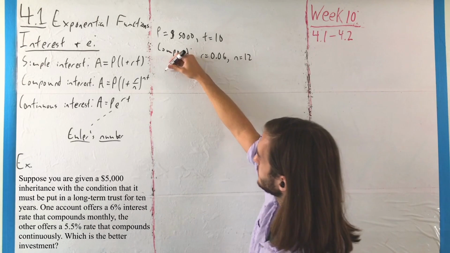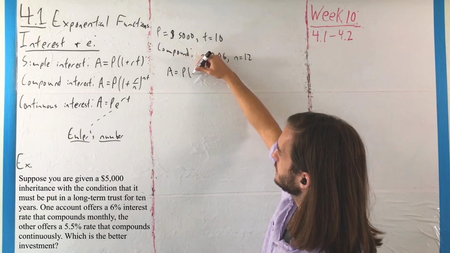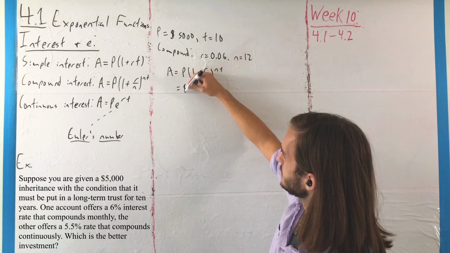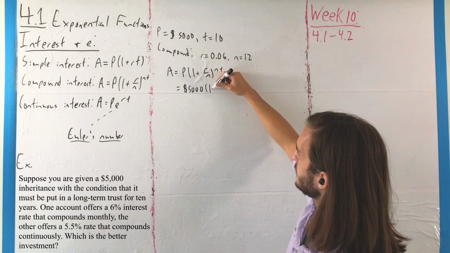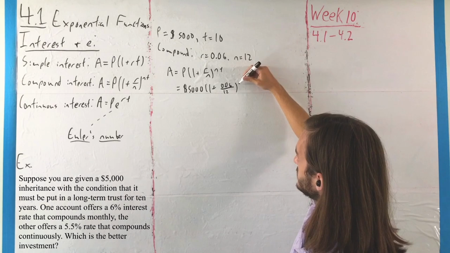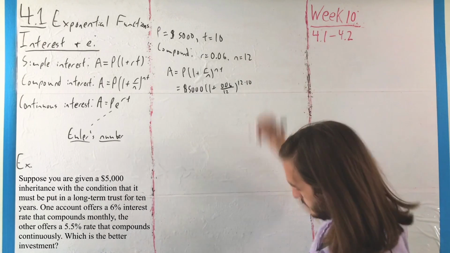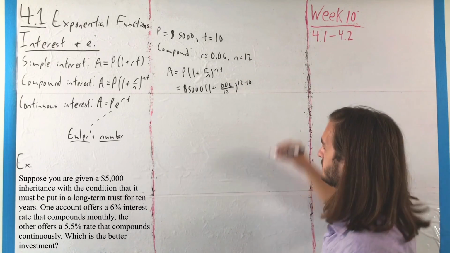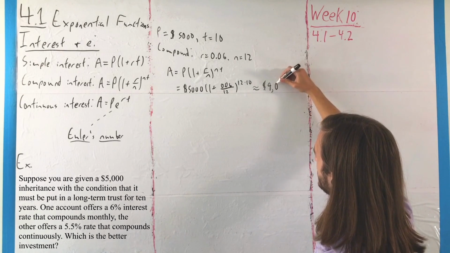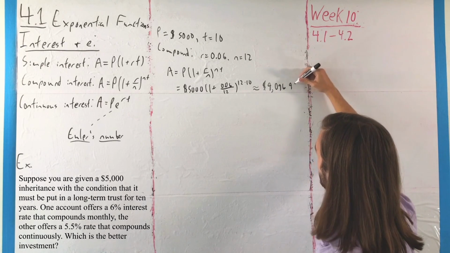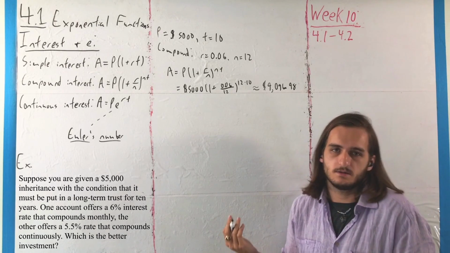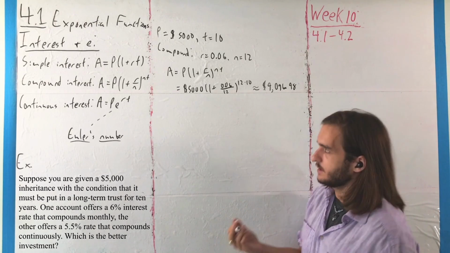So using this formula here, our value following P times (1 plus r over n) to the nt will in this case be 5,000 times (1 plus 0.06 divided by 12) raised to the 12 times 10, which is going to give us an approximate value of about $9,096.98. Pretty good deal. You basically double your money there over the course of 10 years. You probably want to do that even if you didn't have to put it in there.